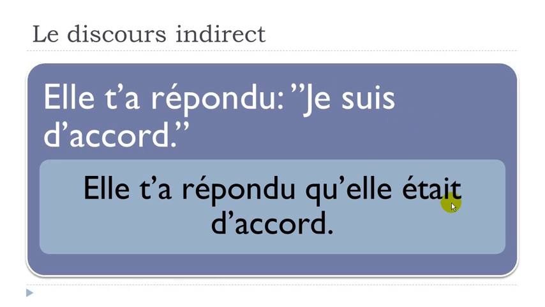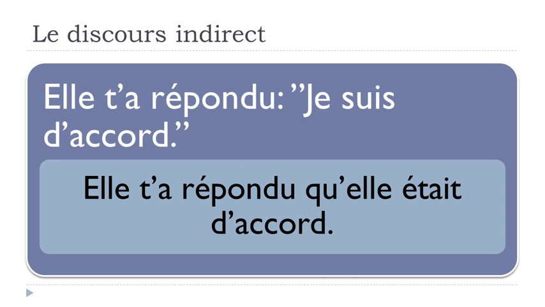That's the rule. Don't need to think why, how, etc. Just put it at the imparfait, and you get the sentence: Elle t'a répondu qu'elle était d'accord. All right, so this is the way you should follow if you want to make this discours indirect. In the first part you've got the past, and in the second part you've got the present form.